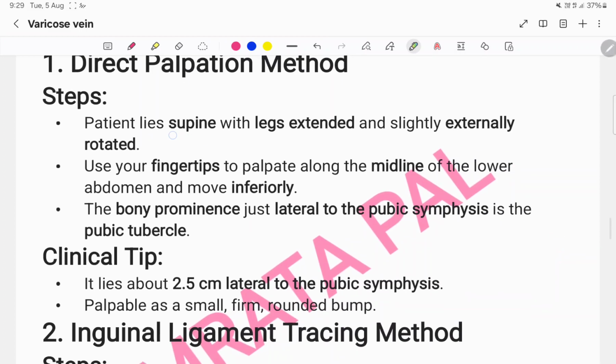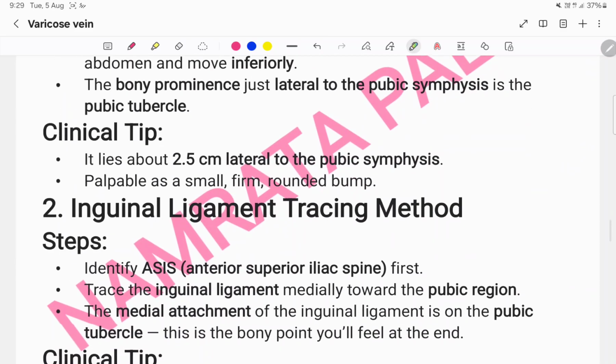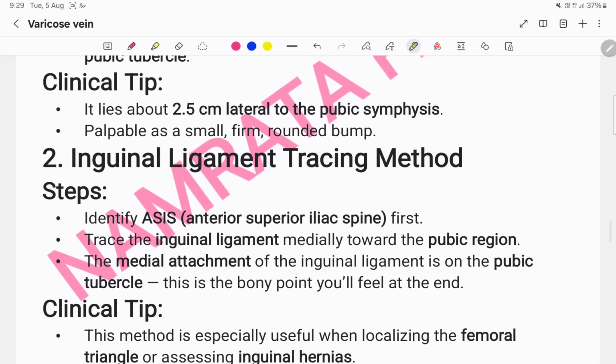The patient lies in the supine position, leg extended and slightly externally rotated. Use the fingertip to palpate the midline of the lower abdomen and move inferiorly. The bony prominence just lateral to the pubic symphysis is the pubic tubercle, 2.5 cm lateral to the pubic symphysis.